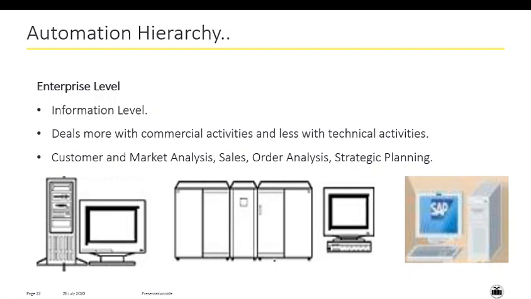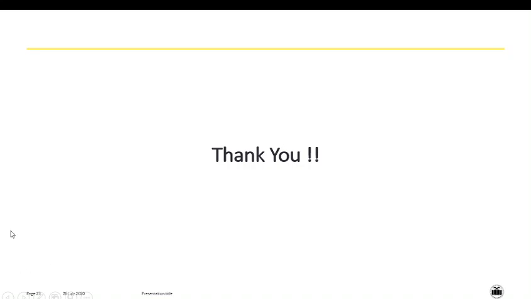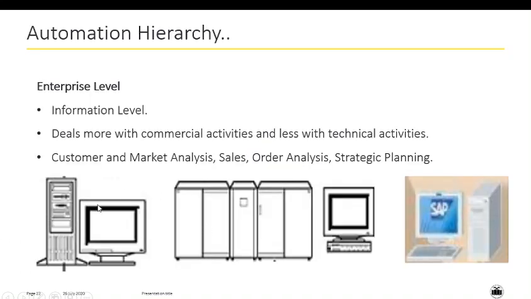Technical activities are more involved at the field level, but at the enterprise level you only deal with commercial activities. What are they? Customer and market analysis: whether the customer is purchasing my product, how much product is taken, and what the recent trends in the market are. That can be judged with the help of this enterprise level.